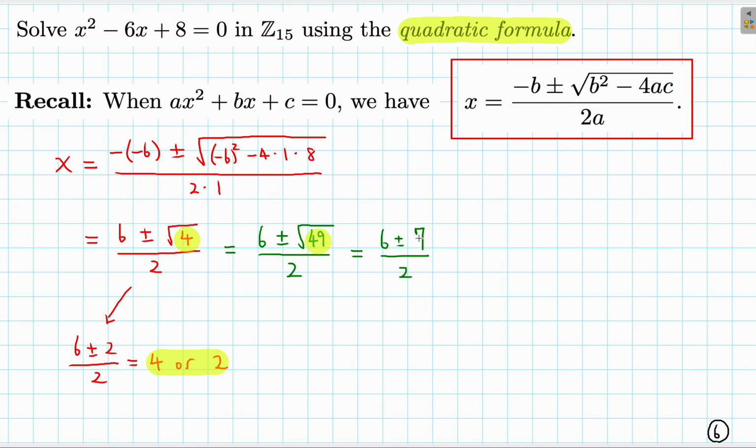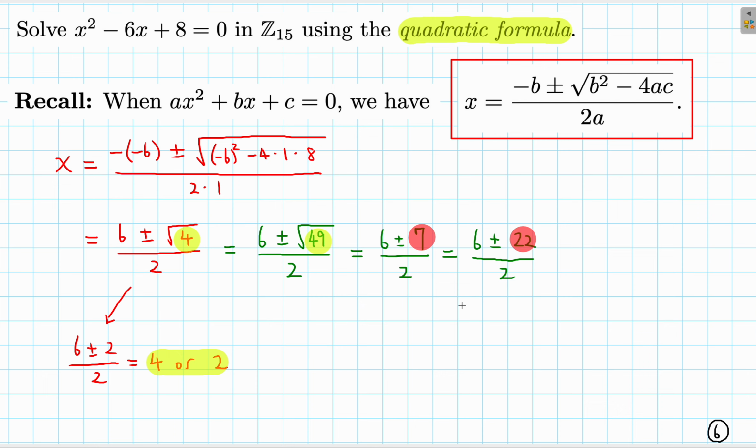But if we do 6 plus 7, we get an odd integer 13. 6 minus 7, negative 1 is also odd. It's difficult to divide by 2. So let's rewrite this 7 as 22 in Z15. And then we'll divide that by 2. So let me just highlight the fact that 7 and 22 are the same in Z15. So then what do we have?